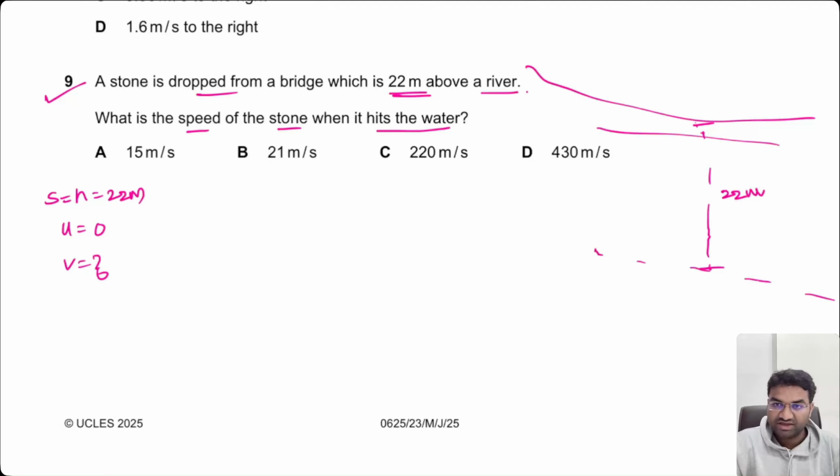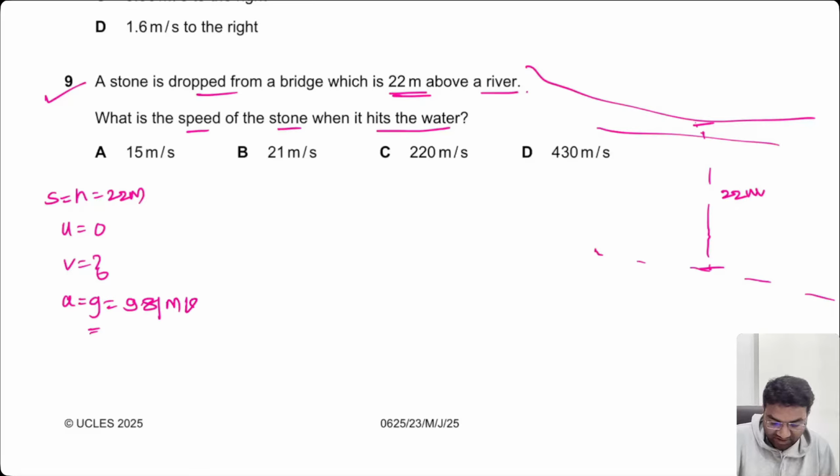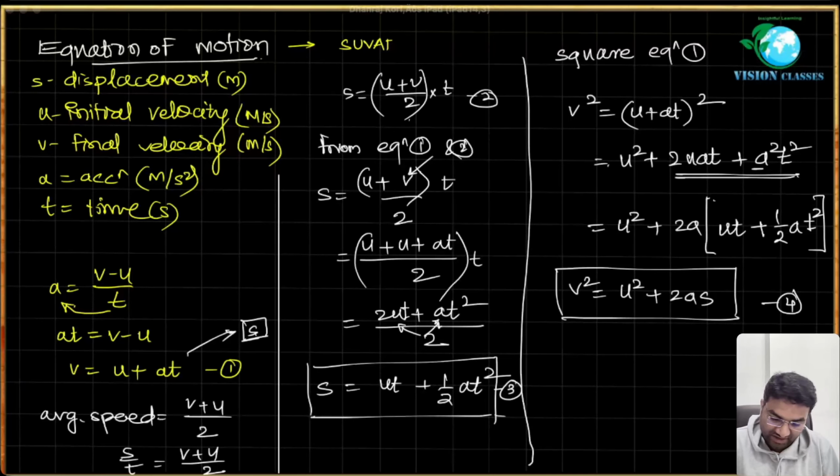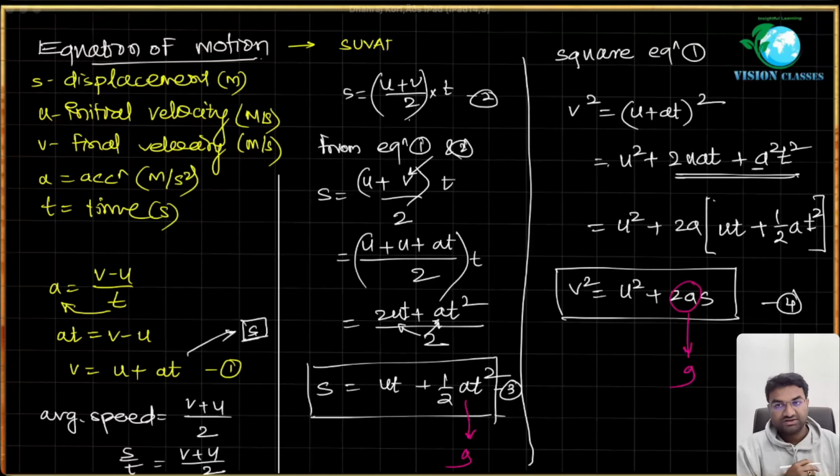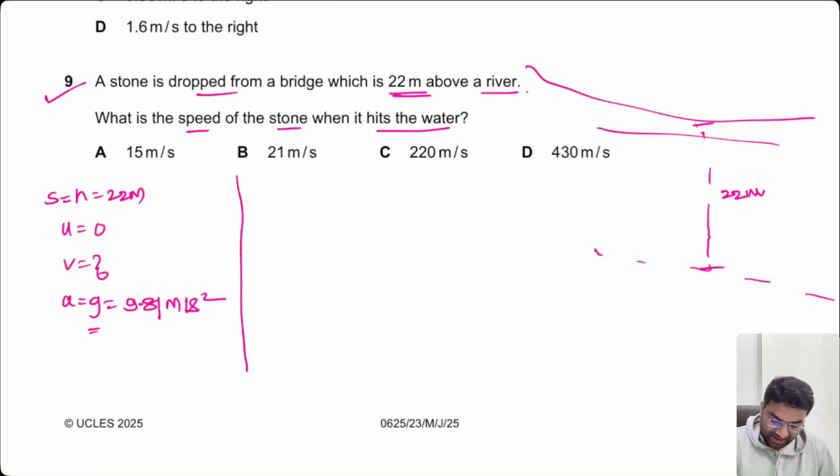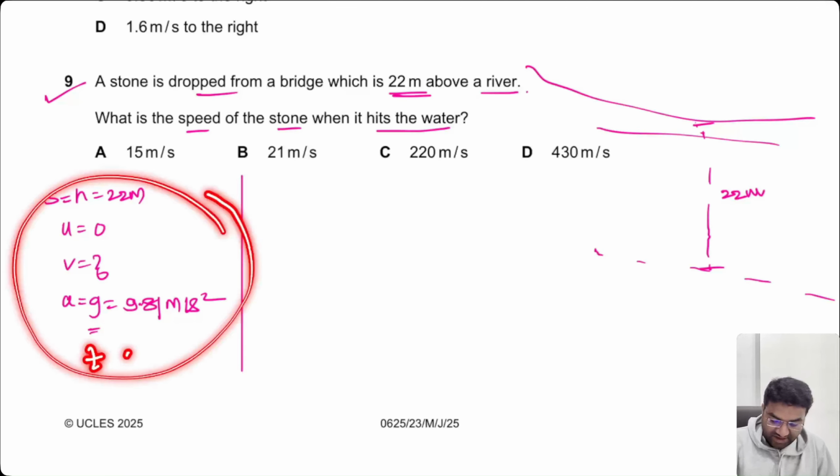And one more thing: whenever we have a height, or it is moving under gravity, then we have to replace a with g, which is 9.81 meter per second square. In all these questions, we can replace a with g, gravitational acceleration. Then if you analyze these four equations, t is not given, right?